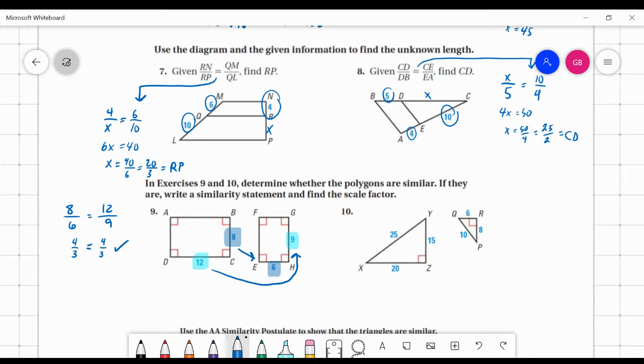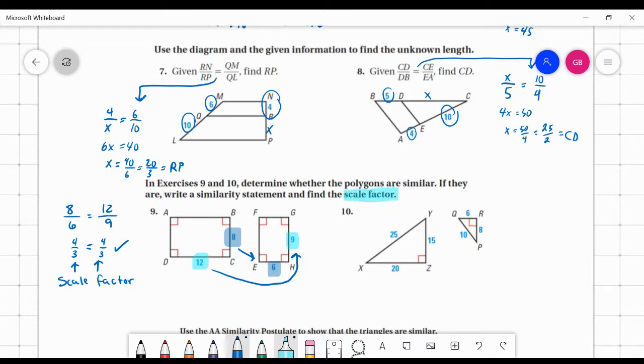Okay, so we have the same ratio. So this is actually also the scale factor. Once you simplify the ratio, that's the scale factor. Okay, that's this part.